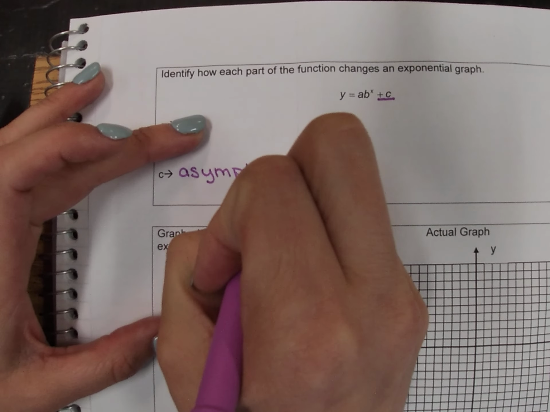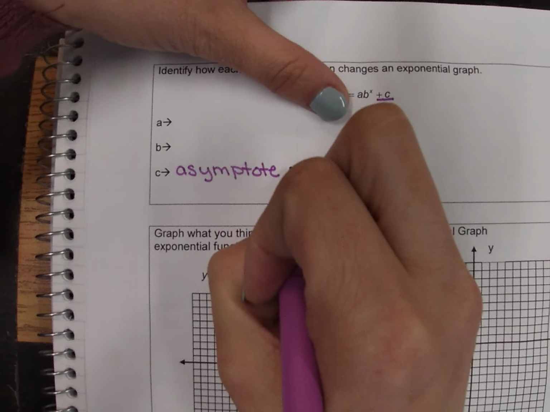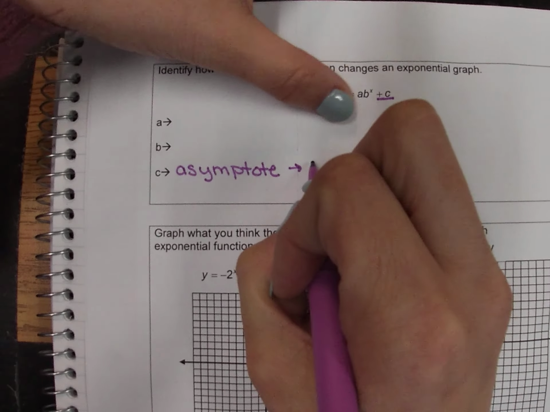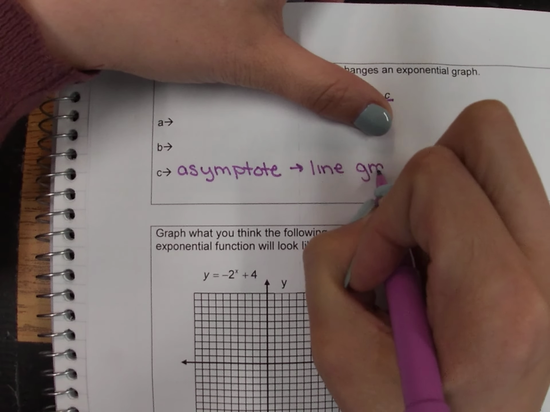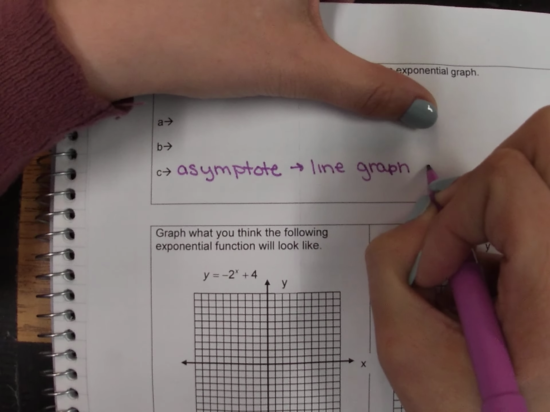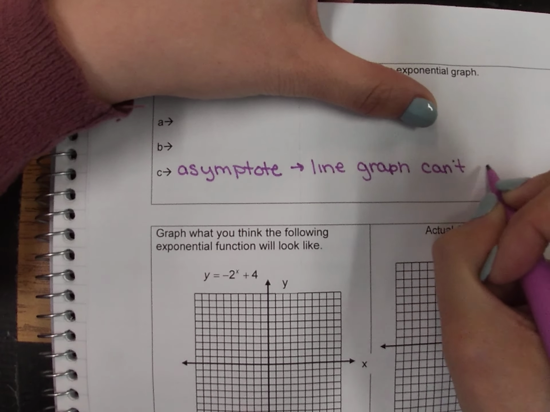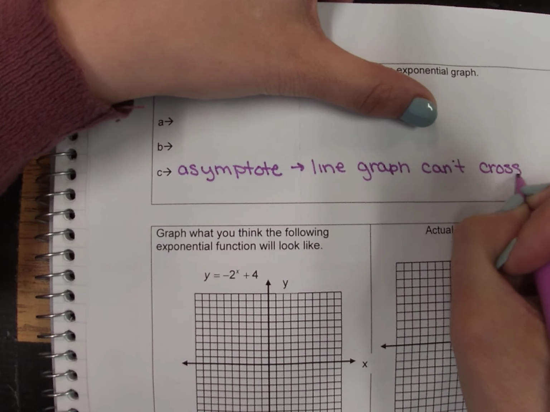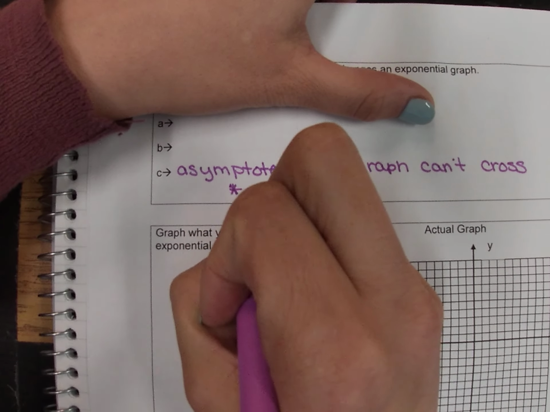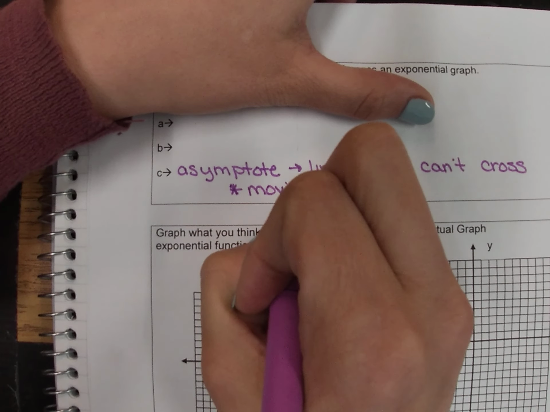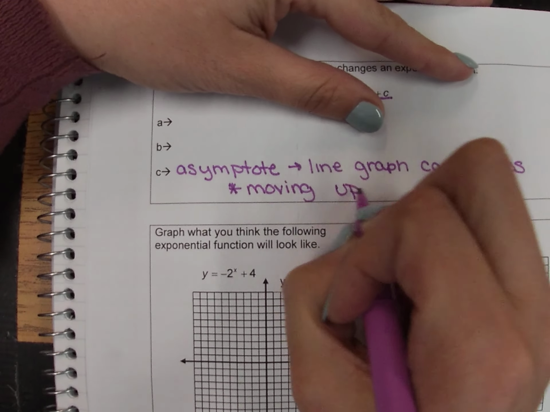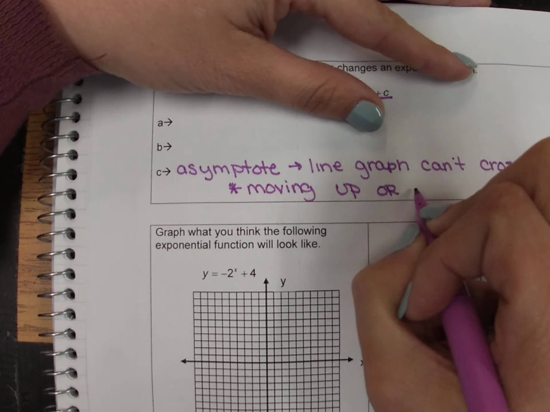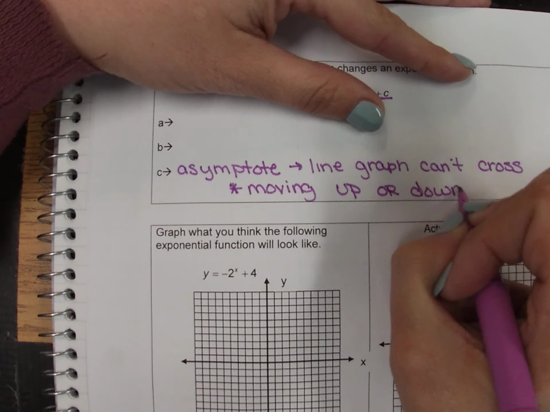That asymptote is creating the line the graph can't cross. So it's shifting the graph: if we're adding a value, if it's positive, it's moving it up, and if we're subtracting a value, it's moving it down.